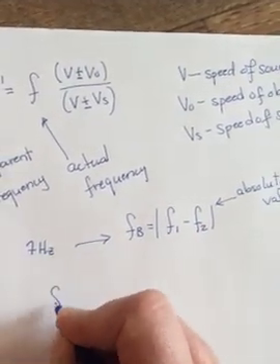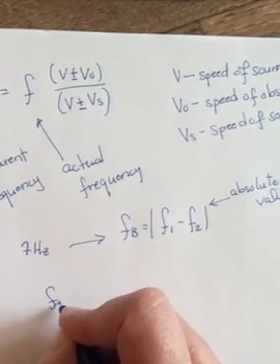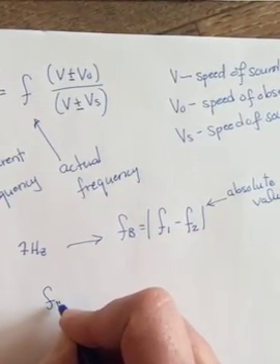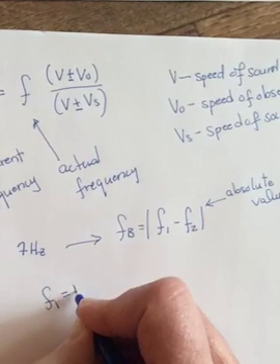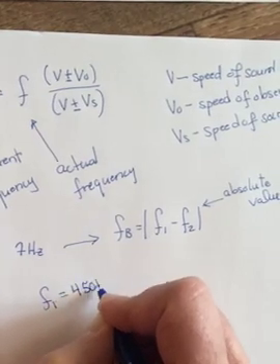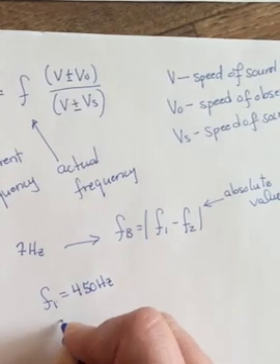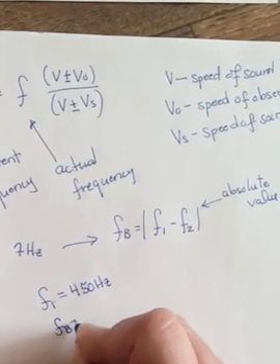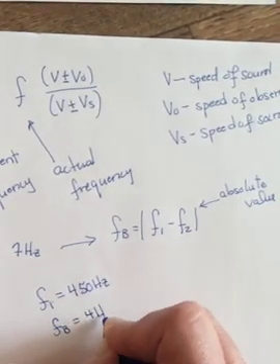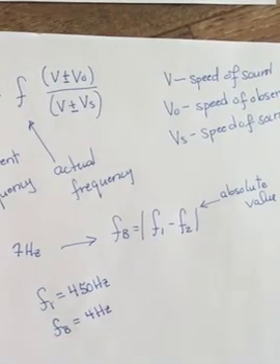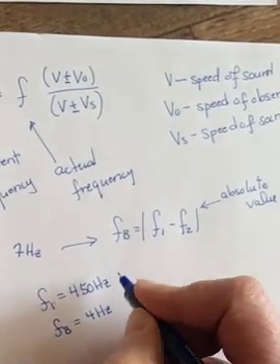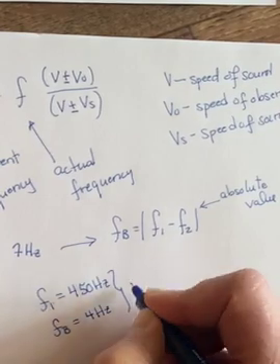But what if you had a frequency, maybe your guitar string, you're playing a frequency of, I don't know, let's say 450 hertz, and someone else is tuning their guitar with yours, and the beat frequency is 4 hertz. So what must be the other person's guitar? Well, there are 2 possible answers.